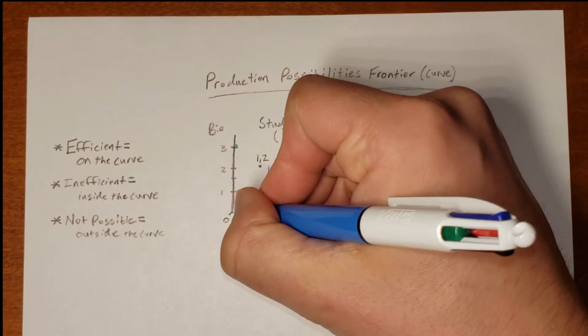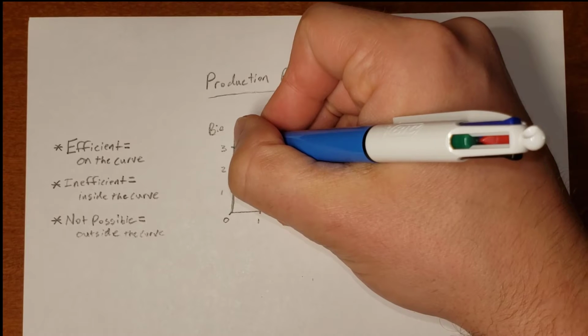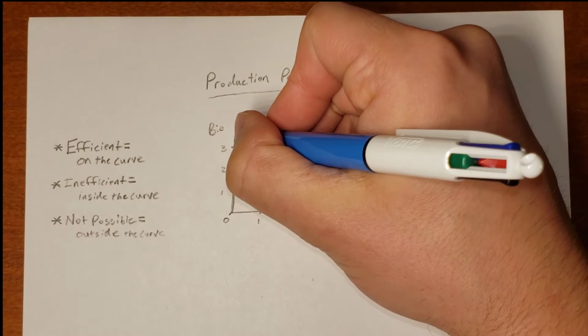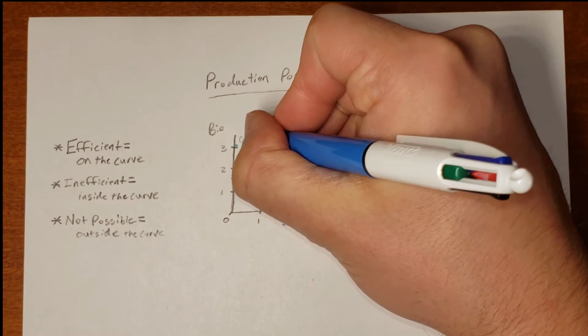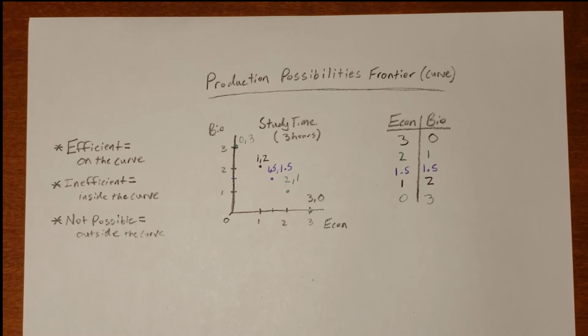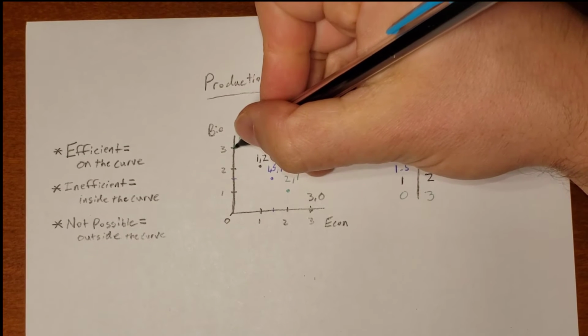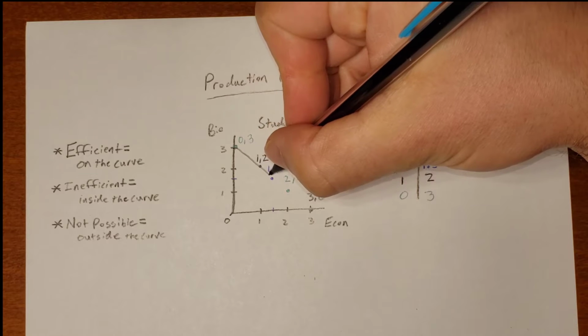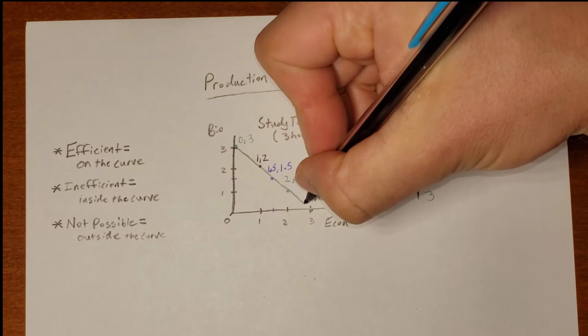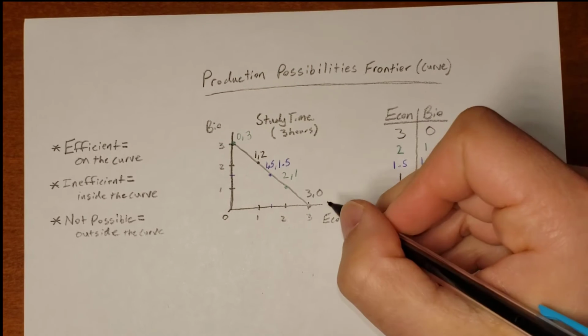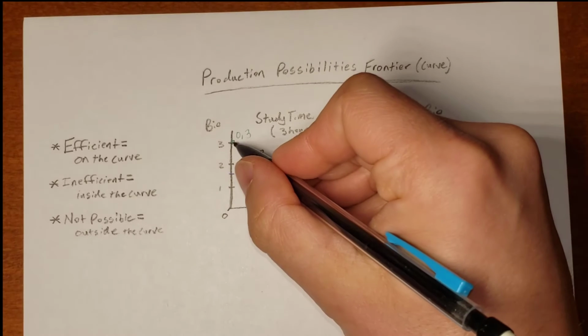This point here. So we're at 0 for economics and 3 for biology. So 0 and 3. So the production possibilities frontier would look something like this. So you could imagine many other combinations that are in between.